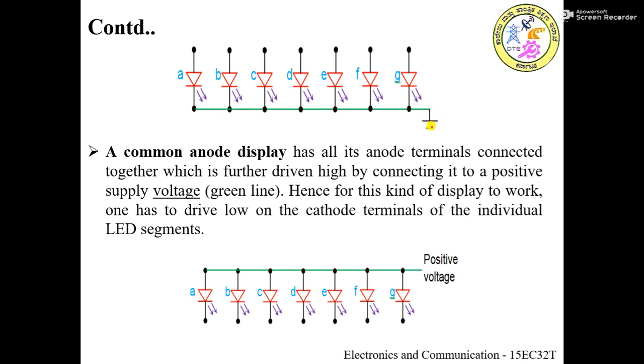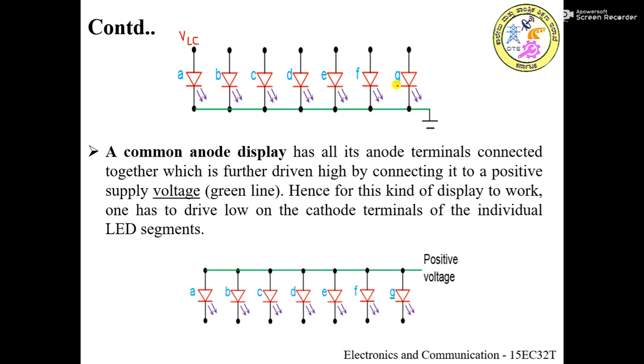The cathode is already connected to ground. Let's say I want to light up the first LED, then I should connect only the anode terminal of the first LED to VCC. If I connect this terminal to VCC, only this LED is going to glow. Rest all LEDs will be in off condition.